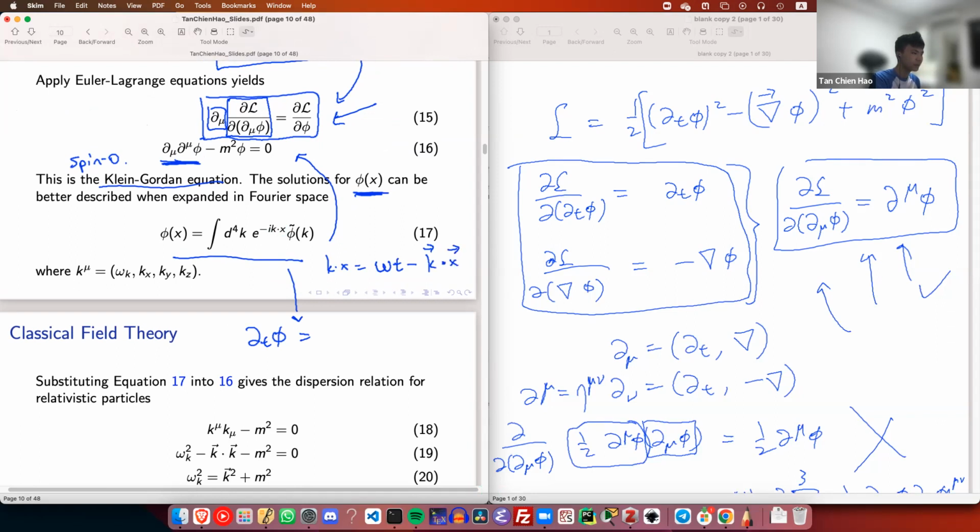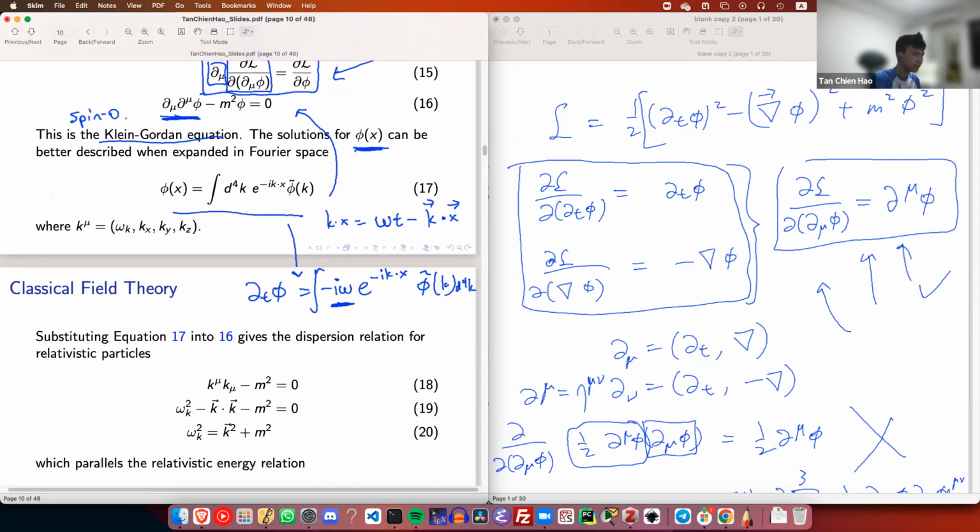So in the exponential, it'll be minus i. You take the partial derivative with respect to t, and it'll be minus i omega e to the minus i k dot x phi of k, integrated over the full momentum.